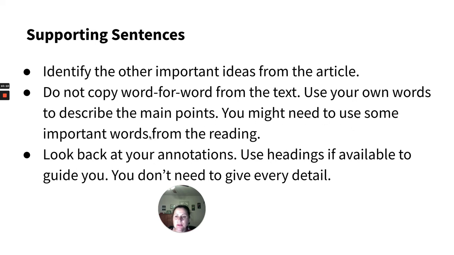You might need to use some important words from the reading, of course, but you don't want to copy from the article or the book. Explain in your own words what it was about, especially the main points. Look back at your annotations. Use headings if available to guide you. You don't need to give every detail, okay? And this is especially helpful, looking at headings, because that can show you what the main points are.